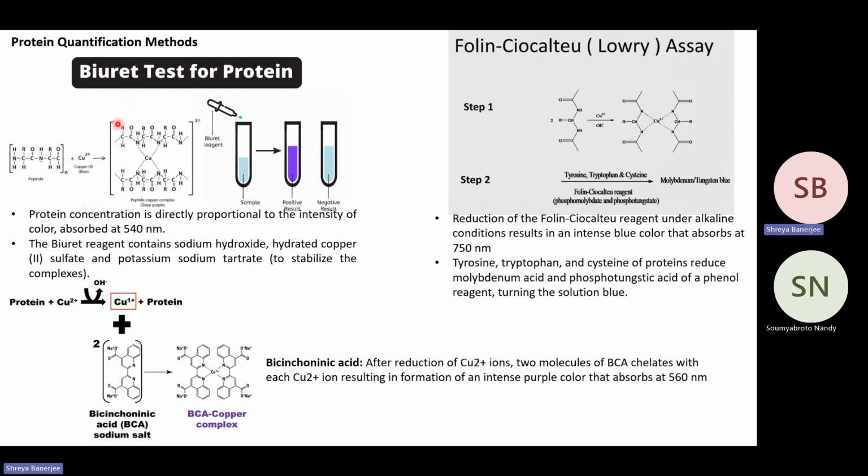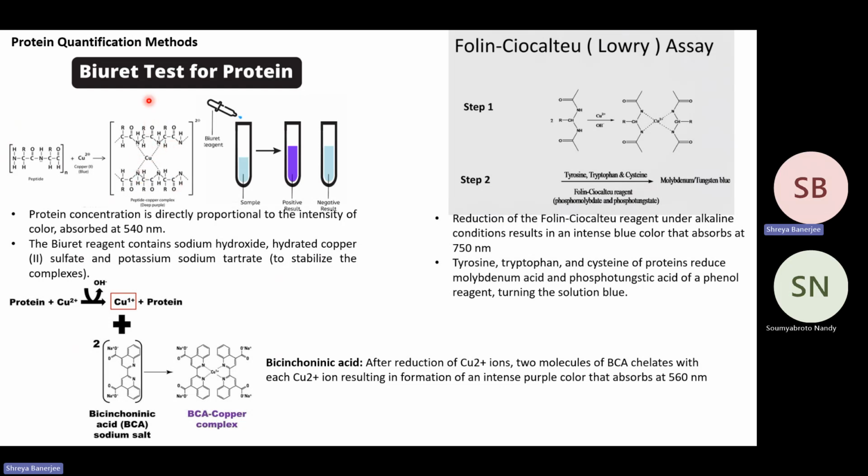And if the biuret reagent is added, which contains sodium hydroxide, hydrated copper 2 sulfate, and potassium sodium tartarate. Basically, the copper 2 plus ion forms a complex with the nitrogen lone pairs of the peptide bond.